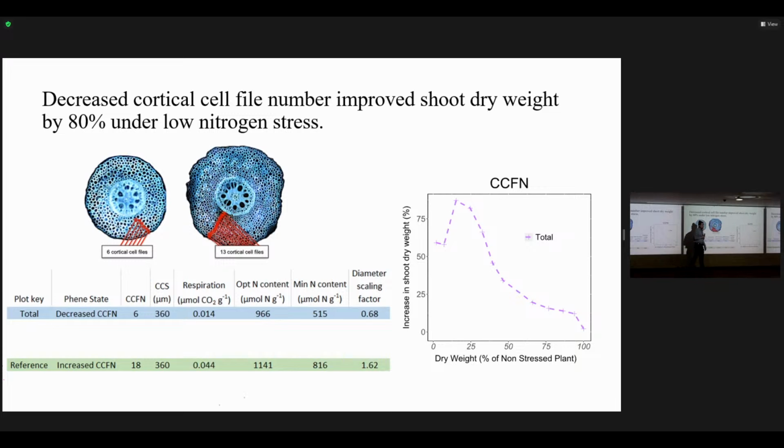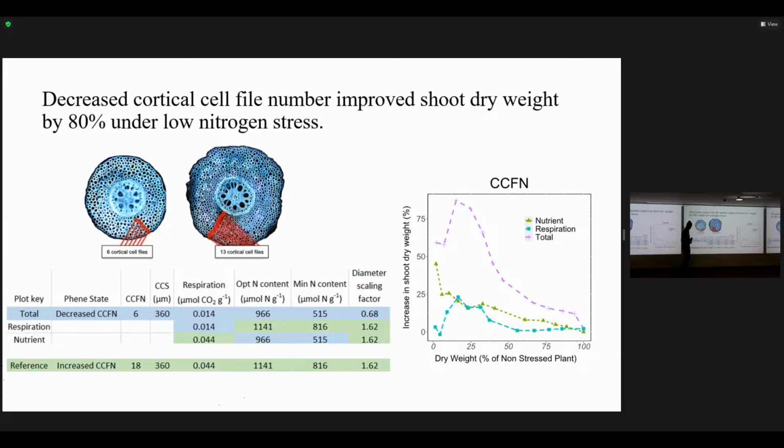And the good part of using models is that we can test each part independently. So we say, okay, what will happen if we have only the effect of respiration? So we keep constant the values for root construction cost in terms of nitrogen, and we use the value for respiration. And we observe that the contribution of respiration itself is around 30%.